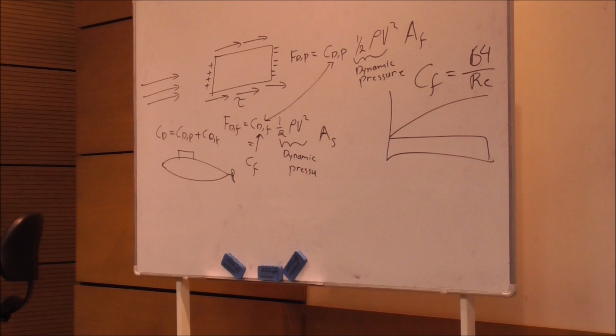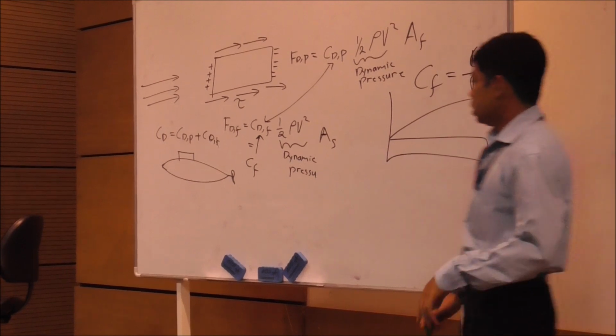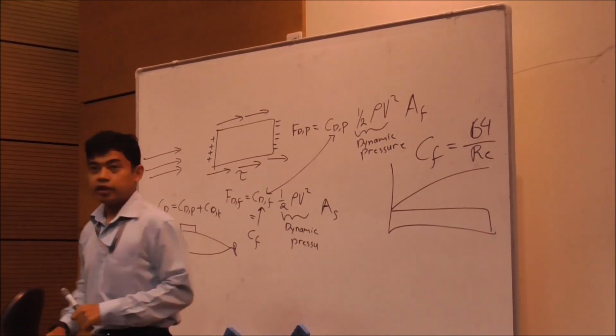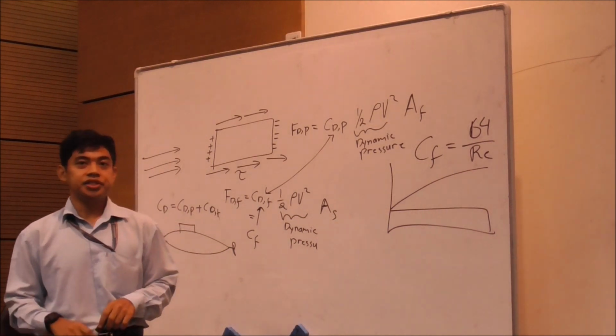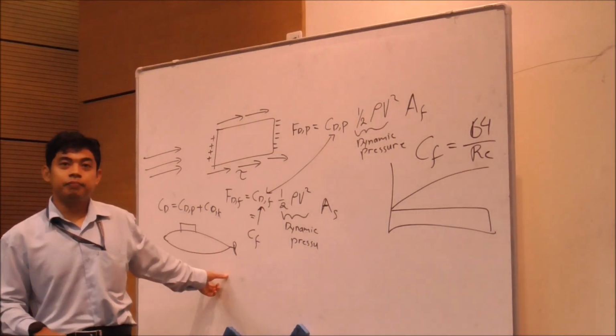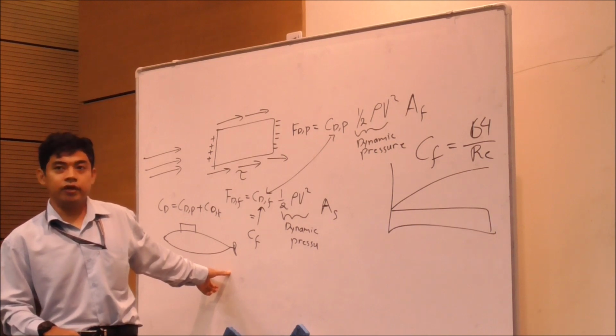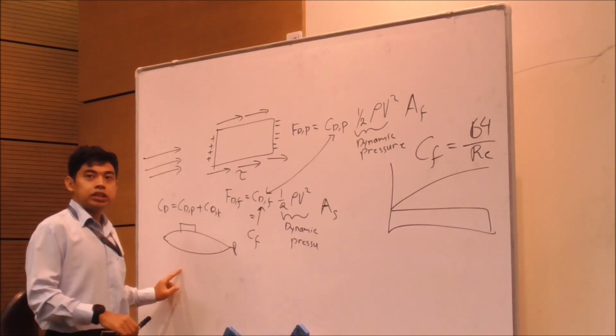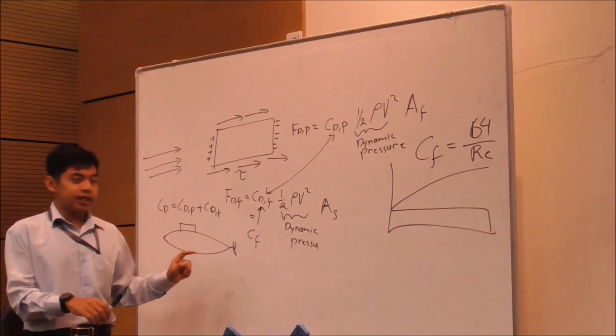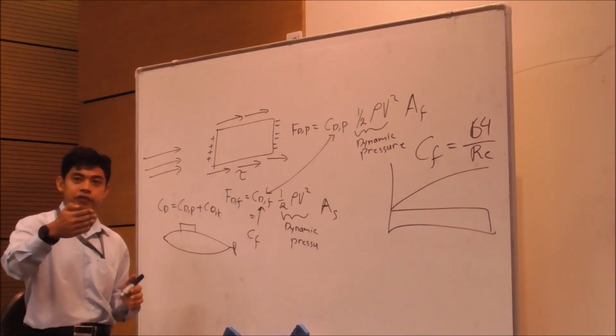This body. Okay. So actually, nature has taught us how to have the best streamlined body. That's why if you look at the fish, they have this. But we still cannot mimic the movement of the fish.